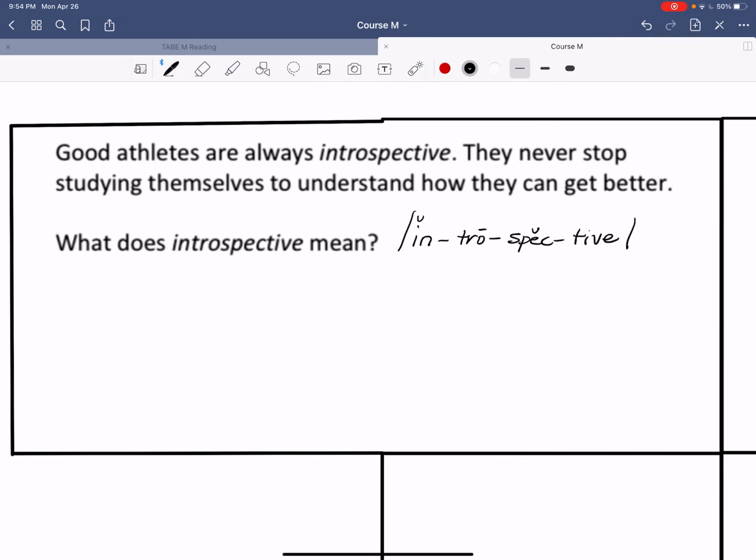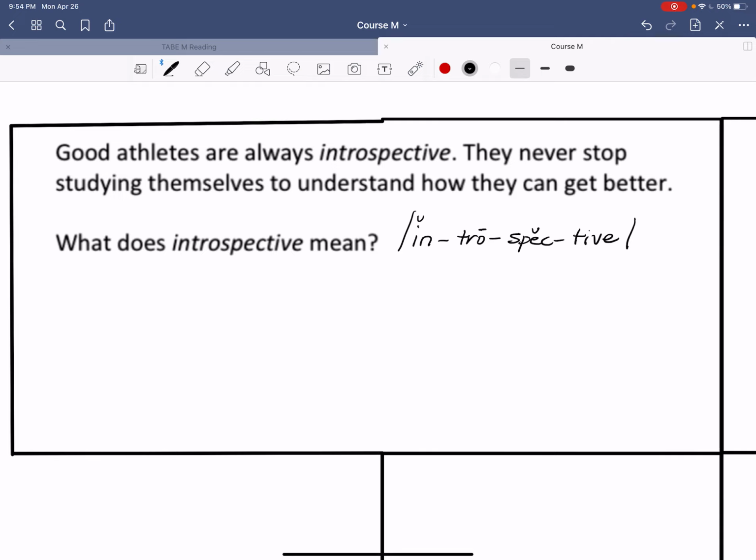Okay, let's use the strategy of inferences. Drawing an inference means that you use clues to come to your own conclusion. You aren't told what something means or what something is. You have to figure it out. You have to read between the lines. Okay?